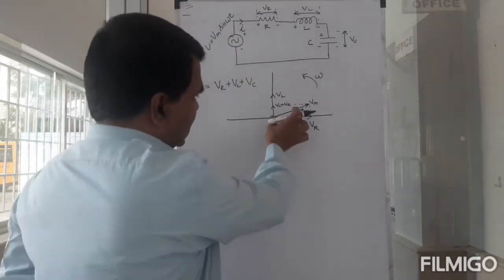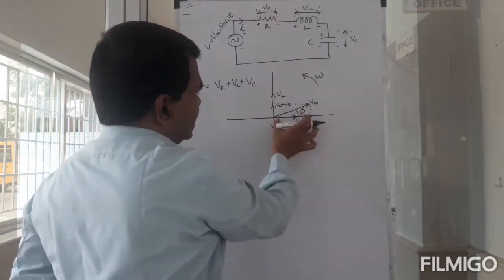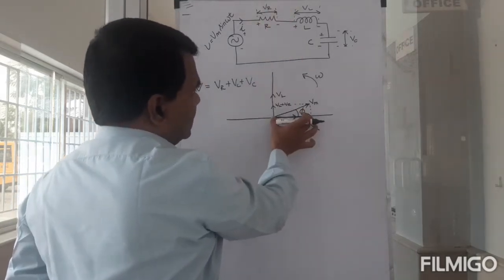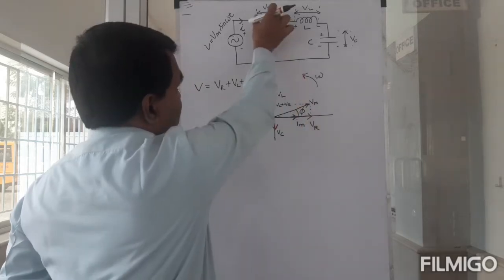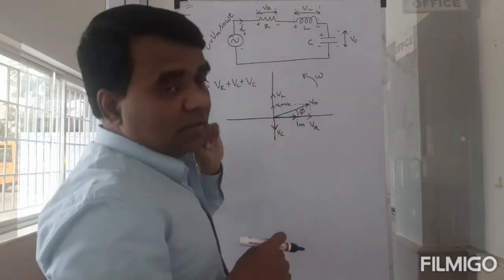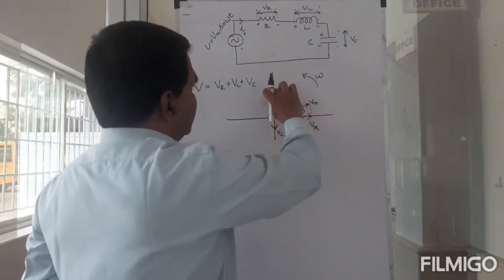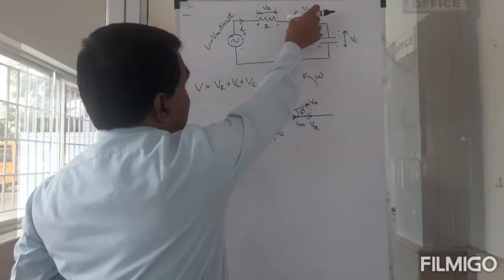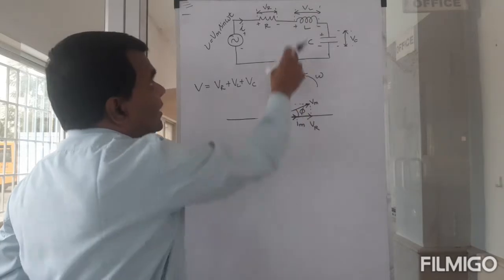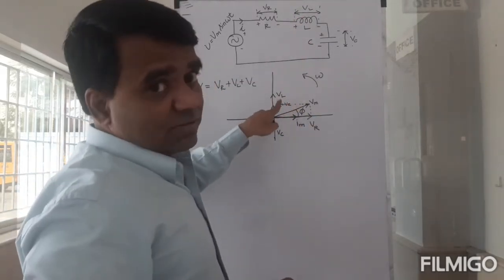So at that instant I will be like this, and VR will be like this, because the voltage across the resistor will be hand in hand with the current. But VL will be like this, because the voltage across the inductor will lead that current by 90 degrees.